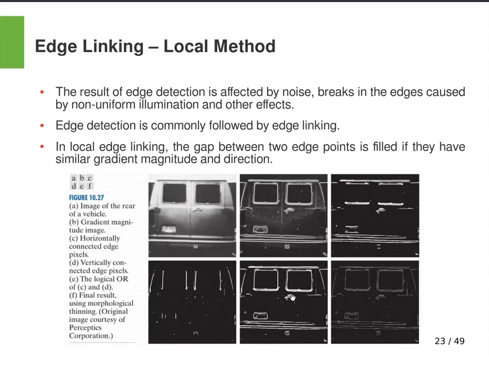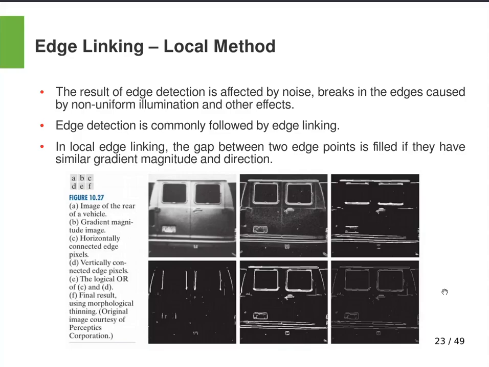Finally, we have the logical OR of these two results, and then we can use some morphological techniques for thinning the edges. Of course, we didn't get to talk about morphology in this course, but the procedure is similar to the edge suppression that we saw when we were working with the Canny edge detector.